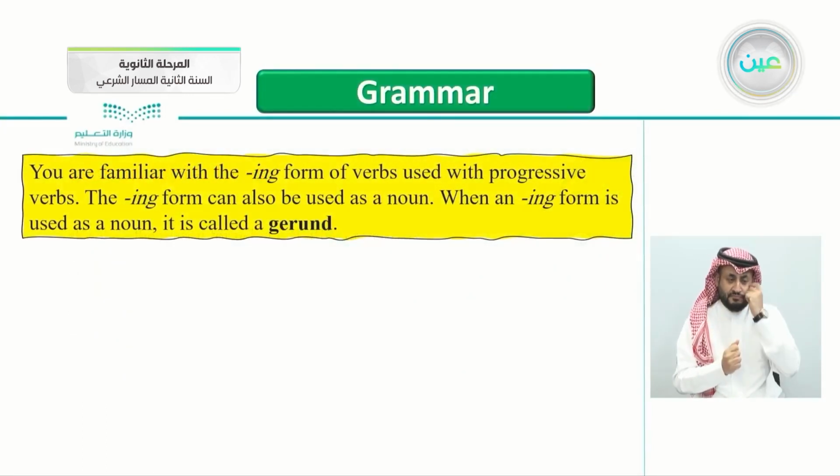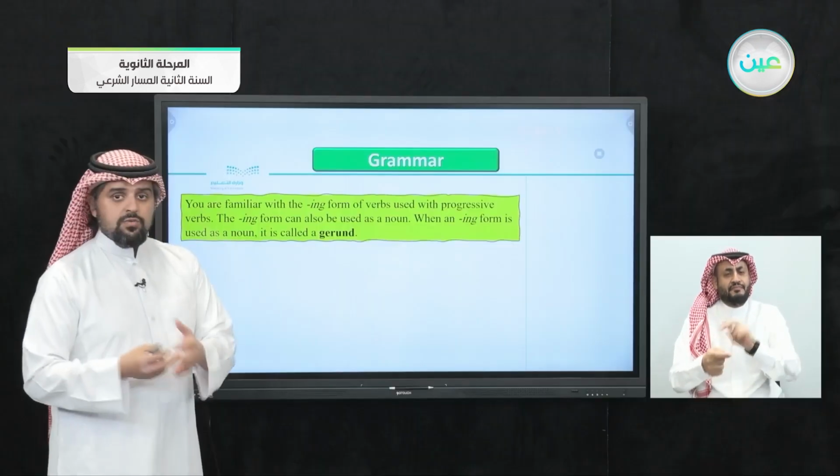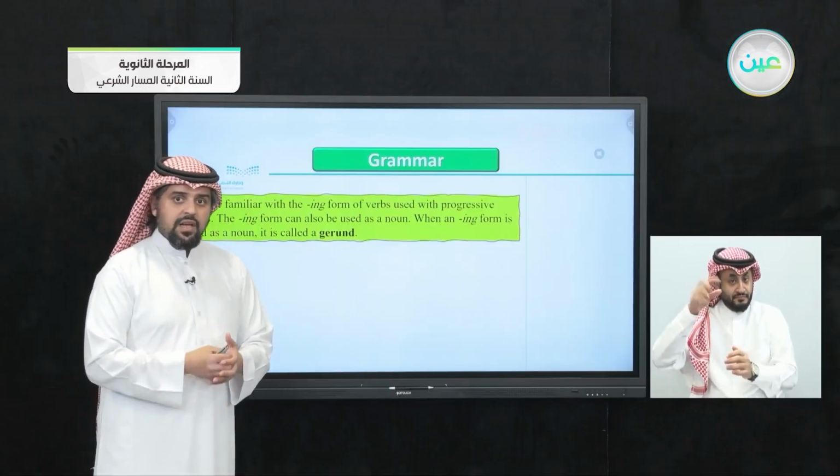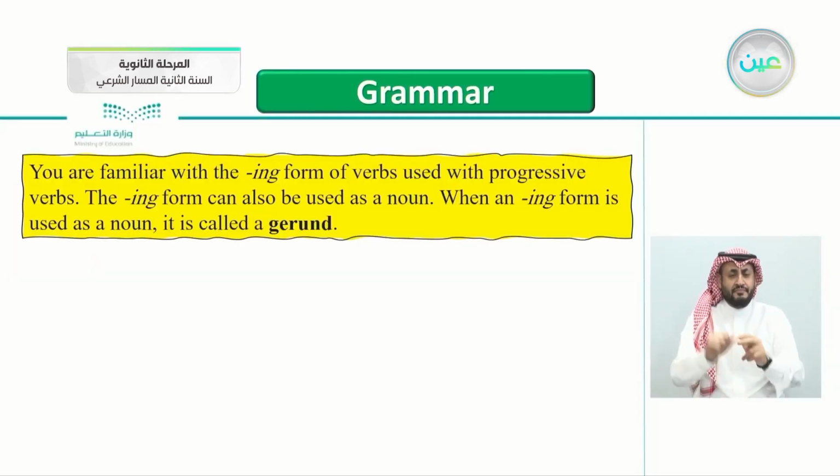So you are familiar with the ing form of verbs used with the progressive. Of course, you know the progressive. We use ing with the progressive: I'm going, I'm sleeping, and so on. The ing form can also be used as a noun. When an ing form is used as a noun, it is called a gerund. So there's another use of the ing form that acts as a noun, and we call it a gerund.